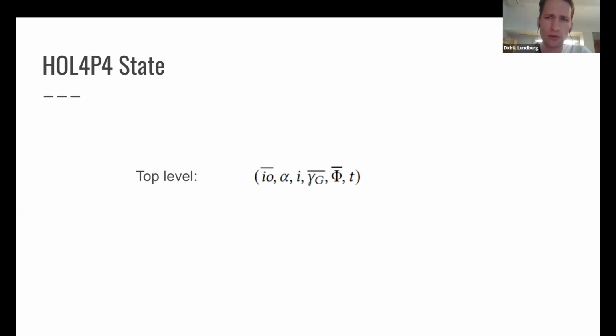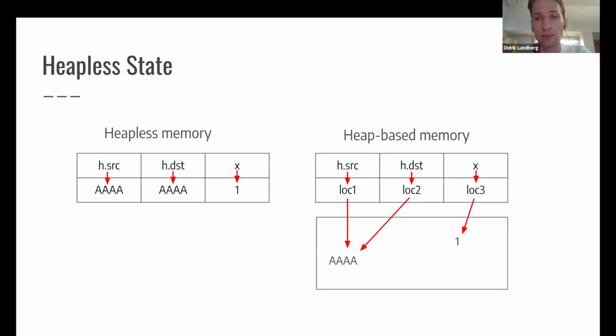So notably, these local variables are not implemented like pointers to a heap, but mapped directly to their values and held in this part of phi bar that corresponds to the respective function scope. So this we call a heapless semantics, in contrast to the existing semantics at the time that this was originally formulated, specifically Petra.